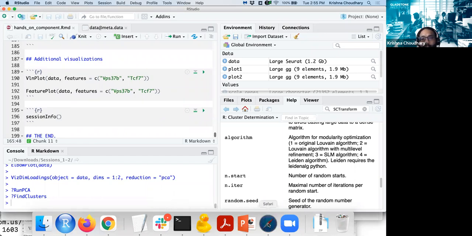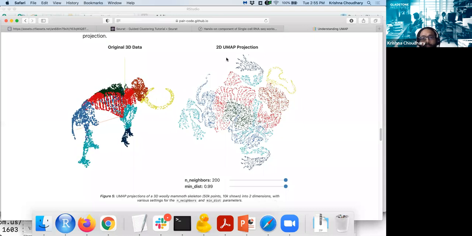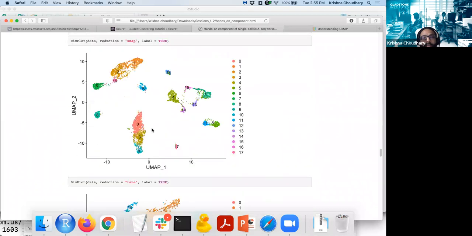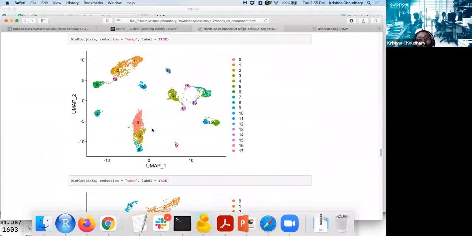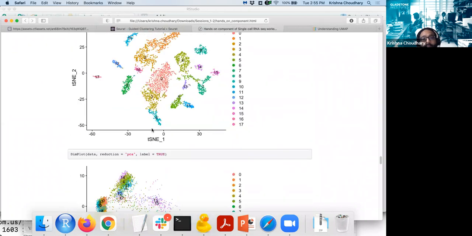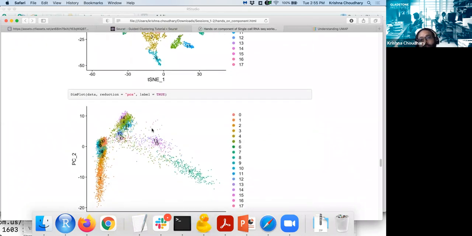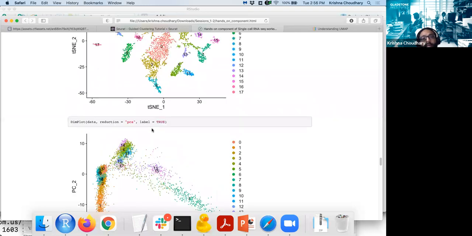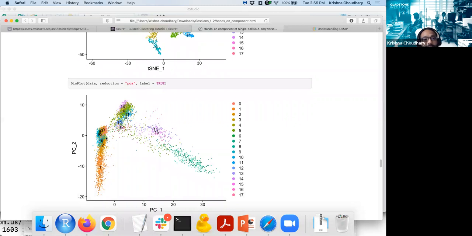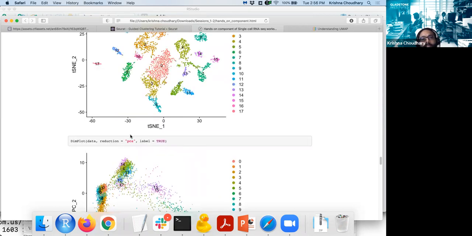Well, I will answer some questions now, but before that, I will point out one thing regarding our clustering and UMAP plots. I have run UMAP, t-SNE, and PCA. You can compare these for how the cell clusters are located in these three spaces. In PC space, we can see that many clusters have come together and are overlapping, because global structure dominates here.